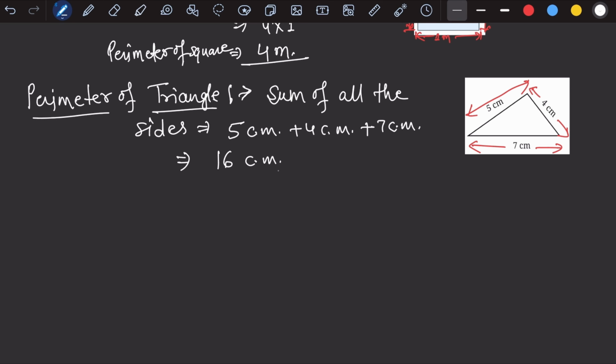Okay, so this is the perimeter of a rectangle, square, and triangle. So this is how we have to calculate the perimeter of these three shapes. Okay, now we will take some examples.